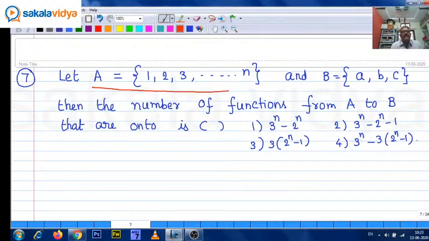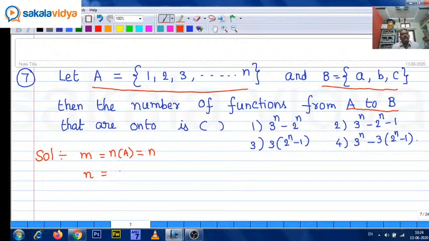This is set A, this is set B. The number of onto functions from A to B we need to find out. See the solution. m equals n(A), that is n. N equals the number of elements in B, that is 3.